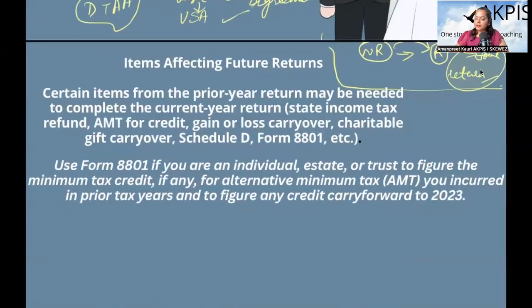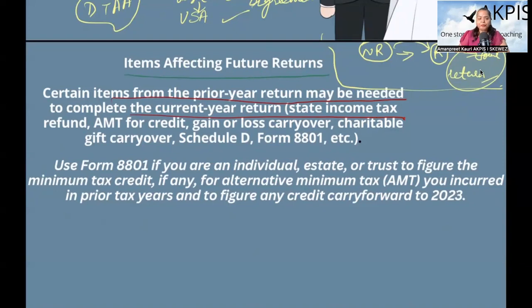Now let's proceed further. So, items affecting future returns, right? Certain items from the prior year may be needed to complete the current year return. For example, any income tax refund in the previous year, or any carry forward gain or loss, because if you carry forward any kind of losses, then it affects your current income tax computation.